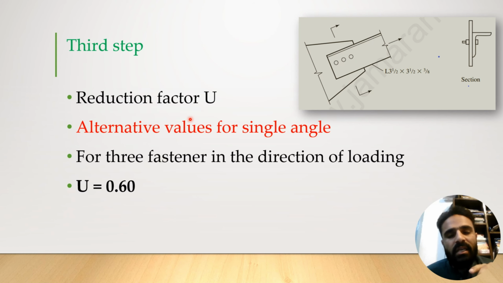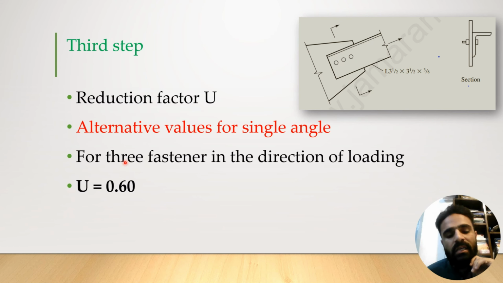In this fourth category, for finding the shear lag reduction factor, we have two statements. For 3 fasteners in the direction of loading, here the direction of loading is this. In this direction, if we have 3 fasteners in the direction of loading, then the value of the U shear lag reduction factor will be 0.6. This will be the alternative value.